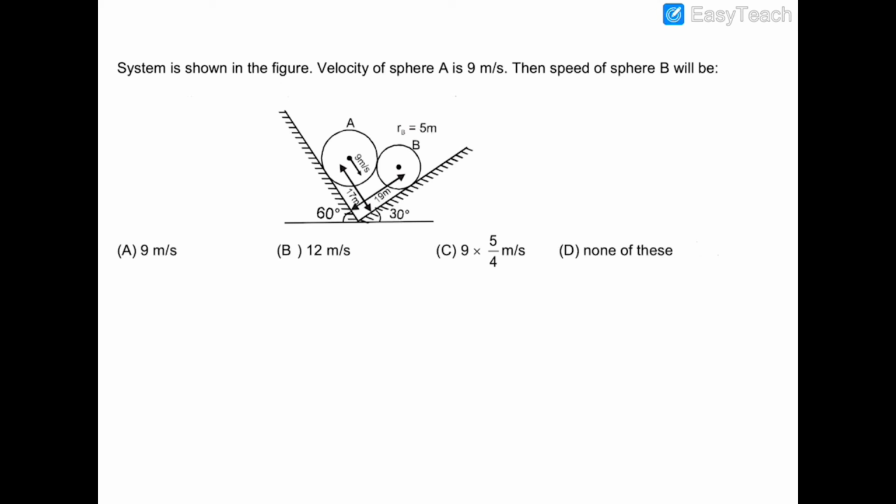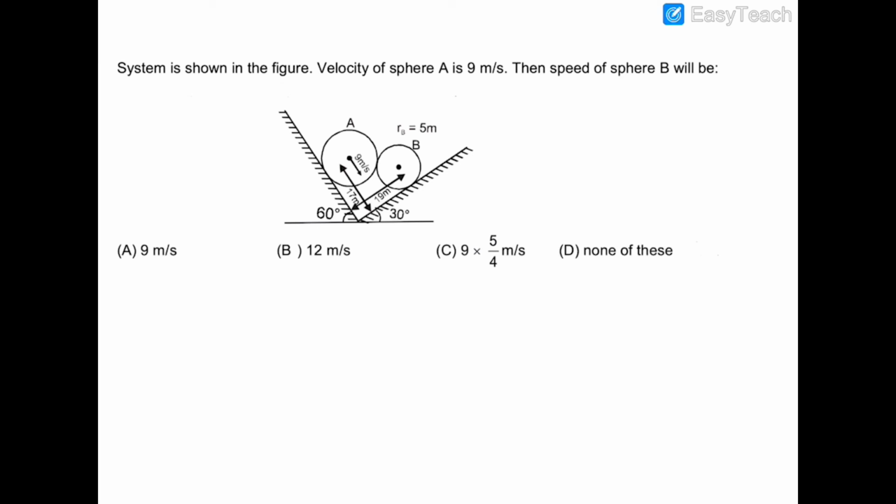This is a very tough and very interesting problem of type 2, and in this problem there are two spheres, sphere A and sphere B. The direction of motion of sphere A is already given and its velocity is given as 9 meters per second.